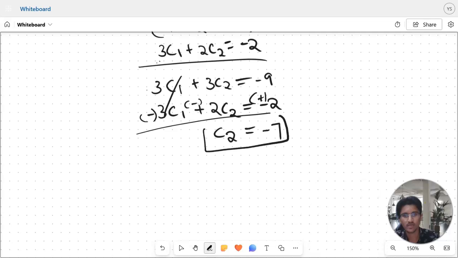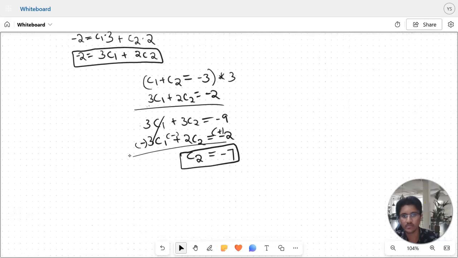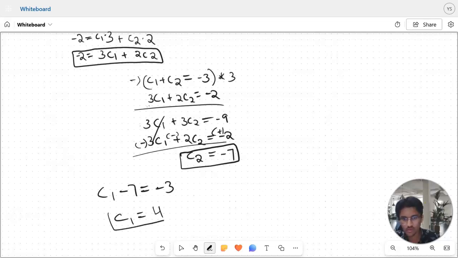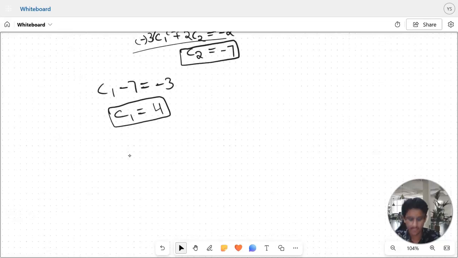So our C2 value is -7. Now we don't need to do the elimination process again. We can use the first equation and plug C2 into it. So C1 minus 7 equals -3. We add 7 to both sides, and we get C1 equals 4. Great, so we found out what C1 and C2 are.